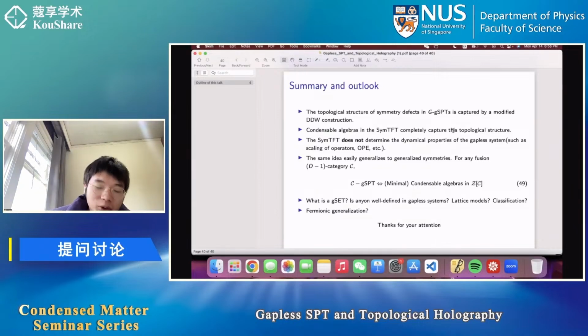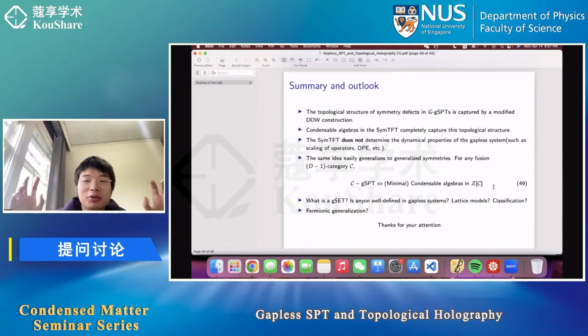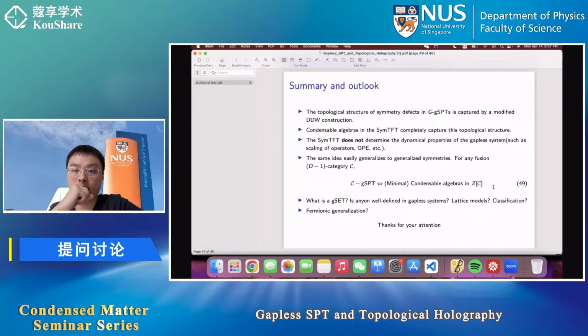If you do this naive generalization, you can get a concept of gapless topological order, I guess you can say. And what's weird is that they are just braided fusion categories. They don't need to be non-degenerate. That confused me, because it seems to suggest that in a gapless system, the braiding can be degenerate. And I think from your example, this is definitely the case. I think it's possible, yeah. Okay, that sounds interesting to look at.